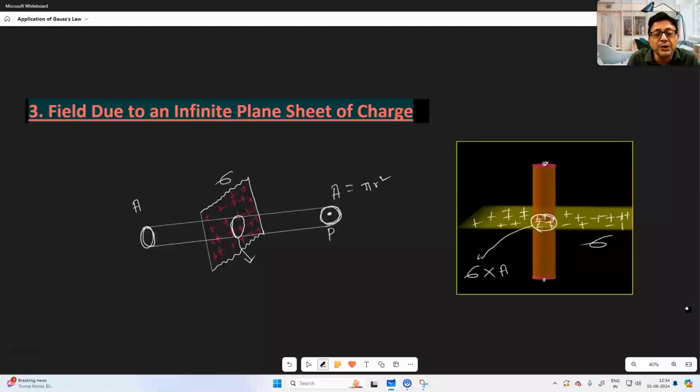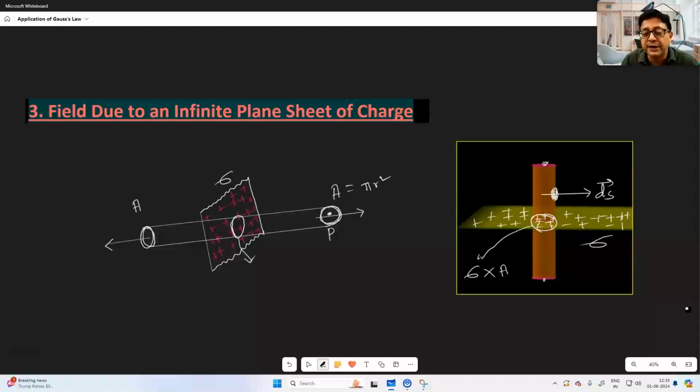So Q enclosed, and due to this charge, the direction of the electric field will be this way for the left cap, and this way for the right cap. All the lines of force will be radially outward, so it will be along the direction of the end cap. If we take a portion of the Gaussian surface here, what is the direction of the electric field? The area vector ds is directed this way, you know.